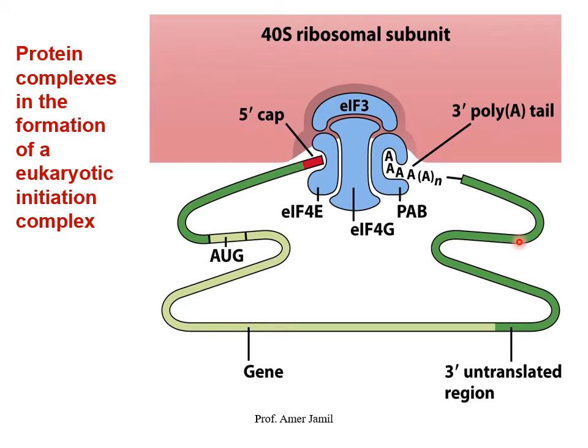So on the 5' UTR, and at the end is the 5' cap that is held by this initiating factor. Here for eukaryotes, the small e shows eukaryotic. eIF4E holds this 5' cap, and similarly the poly A binding protein holds the poly A tail. So this is the role of the 5' cap and 3' poly A tail in translation.